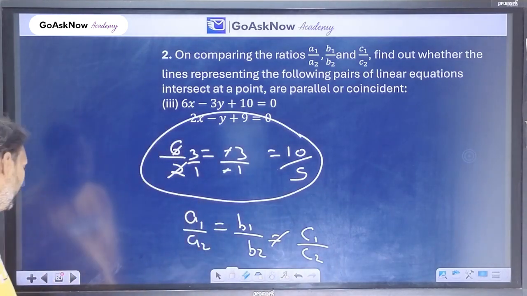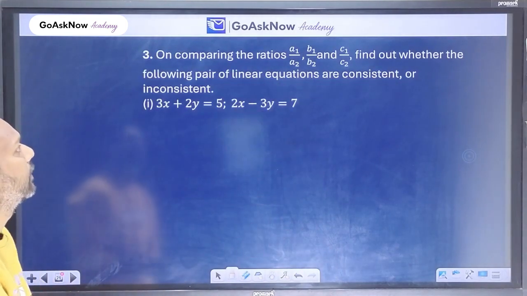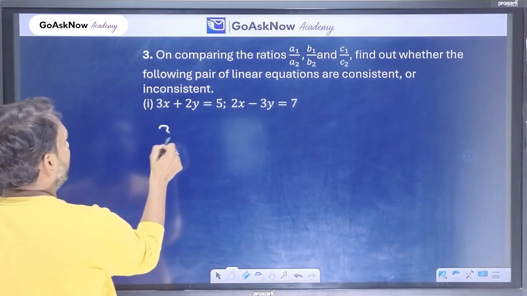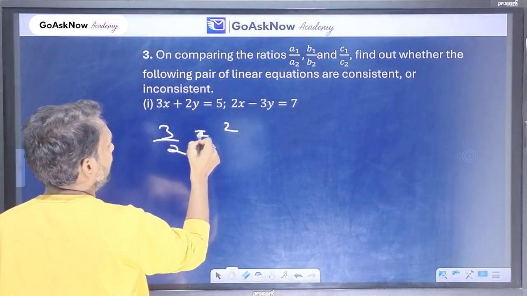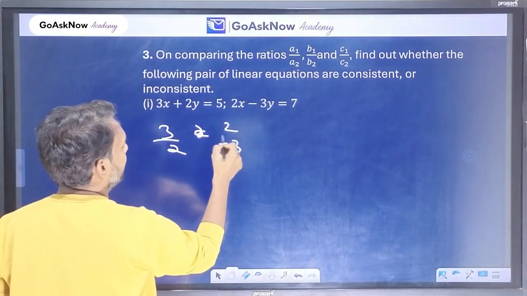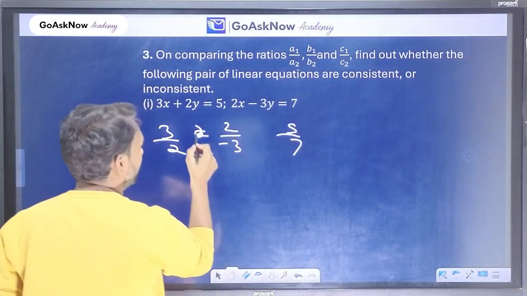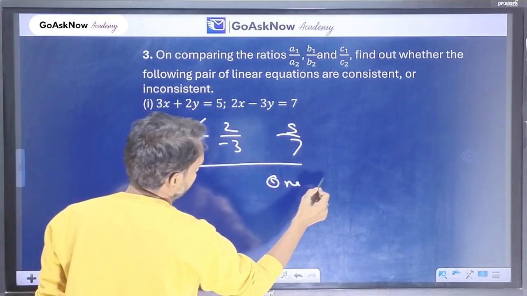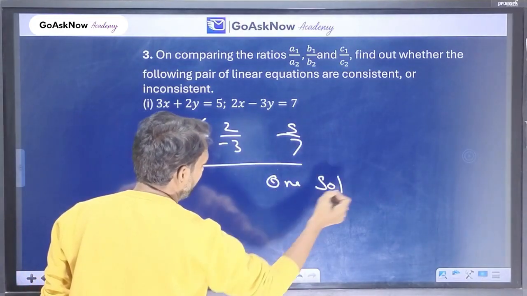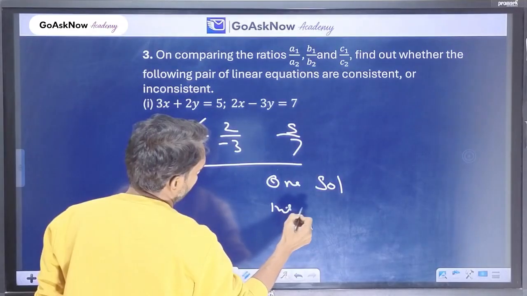Okay. For this one, 3 upon 2, 2 upon minus 3 and 5 upon 7 are not equal, so one solution, and intersecting lines.